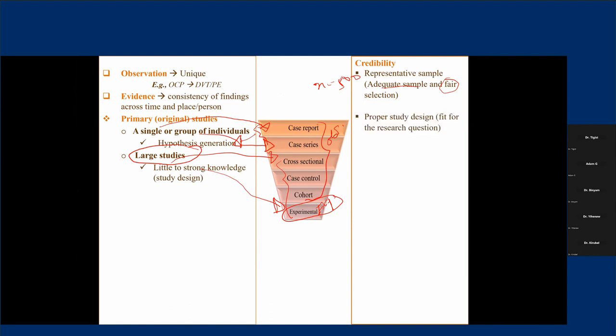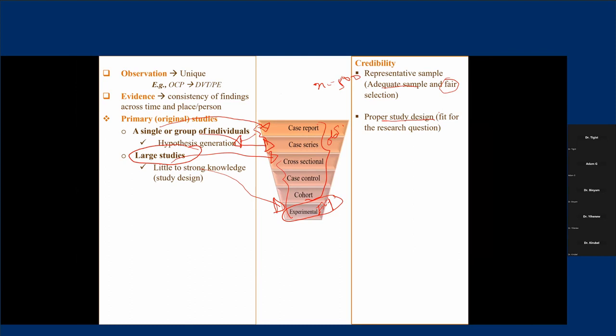The other is picking a proper study design that fits our research question. Like I said, even though the strength of evidence from our studies increases as we go down our inverted pyramid, it doesn't mean that we always have to use a higher form of study design, due to different issues.